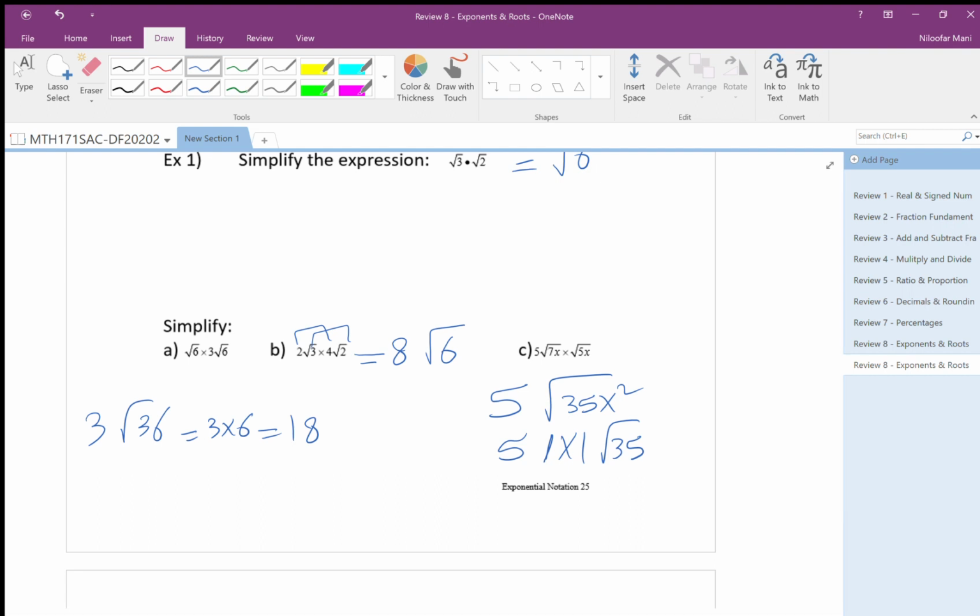So maybe I can say x is positive for sure. Otherwise, that doesn't make any sense, because it will be negative under the radical, and then I can do this. Okay, number with number, radical with radical.